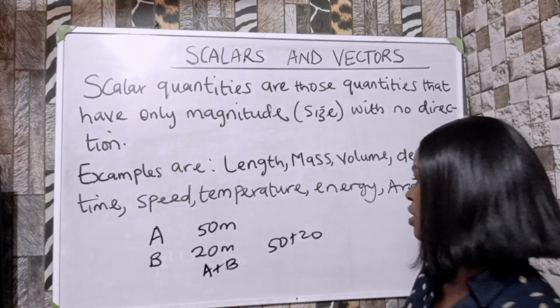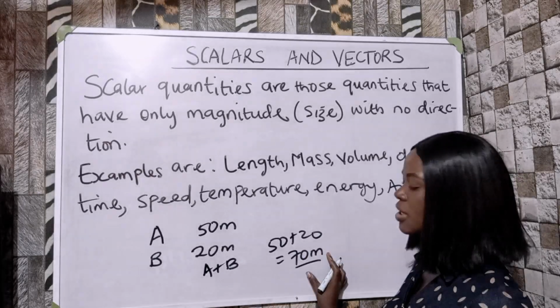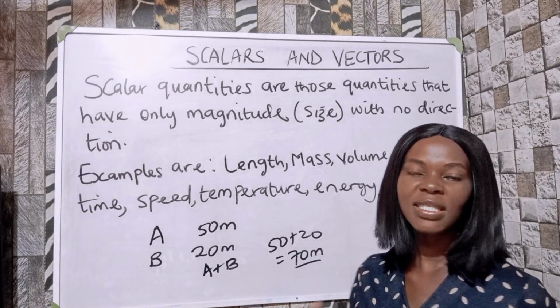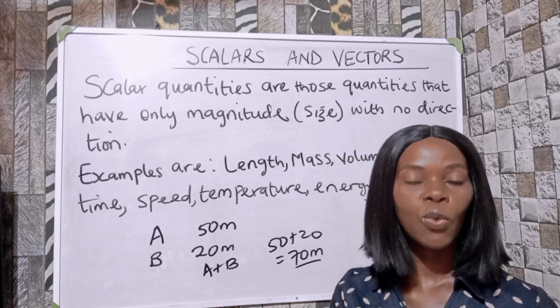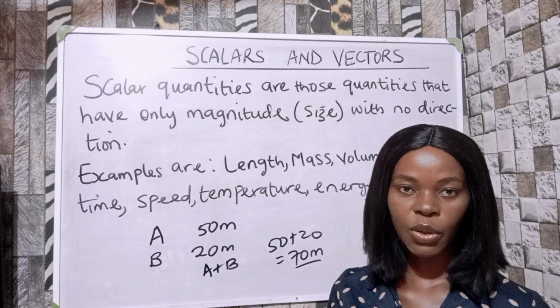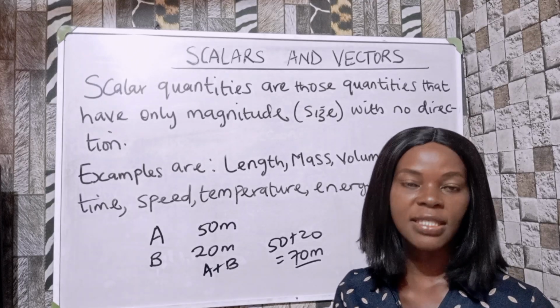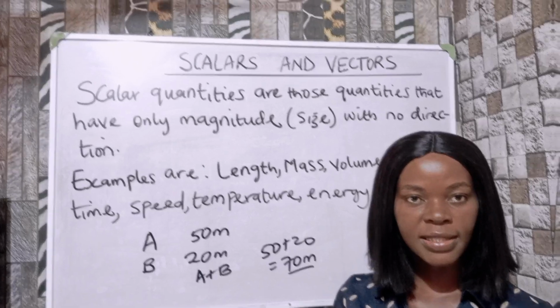What is it going to give us? 70 meters. So this is how we can add scalar quantities, but we can't say more about their direction, because they don't have direction.